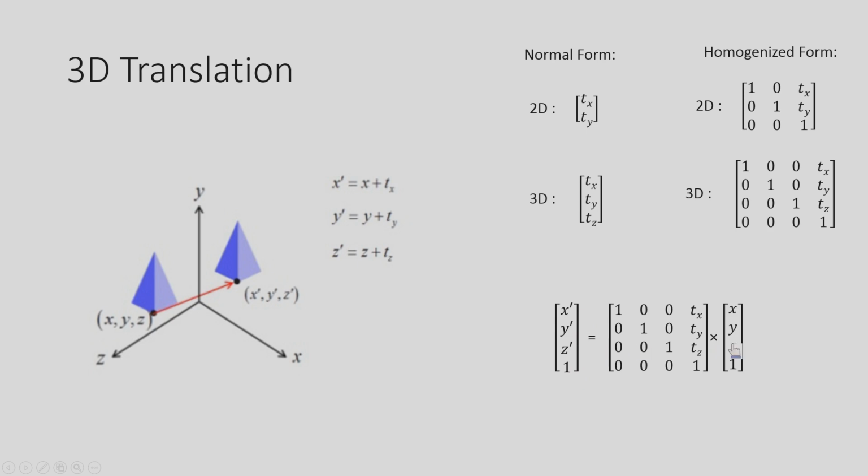If you multiply these matrices, you will get the same set of equations, x dash is equal to x plus tx and so on. So when you are to solve the numericals, you prefer to have matrix form, otherwise you can have equation form also.